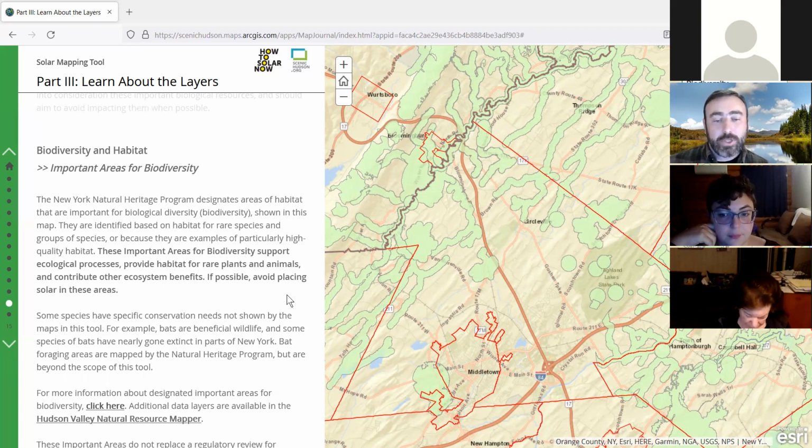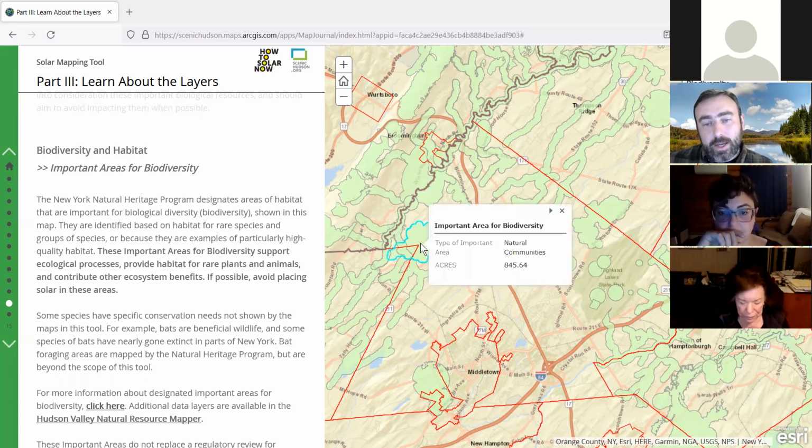And it was done in collaboration with the Hudson River Estuary Program, which is an arm of DEC, and Cornell University. And so they took known occurrences of these species or these habitats, and they created habitat models to kind of block off areas that they think are important for these animals and these habitats to persist.